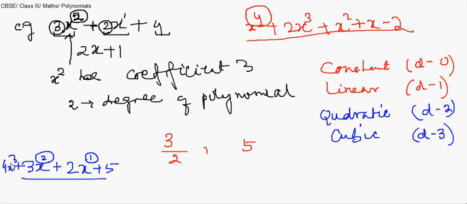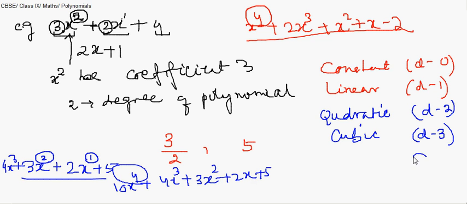Now the fourth degree polynomial which we come across, like I write here, is 10x to the power 4 plus I add the rest of the one previously I had written. This, if you see, has a degree of 4, and that is called a biquadratic polynomial.